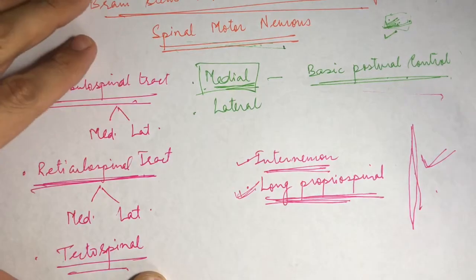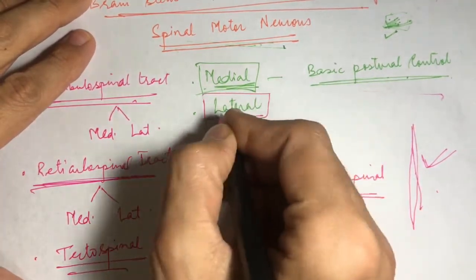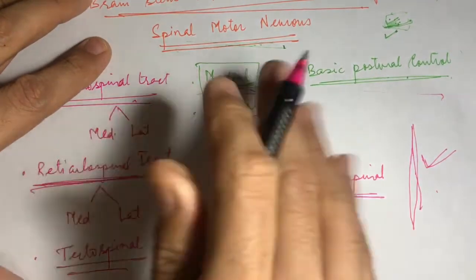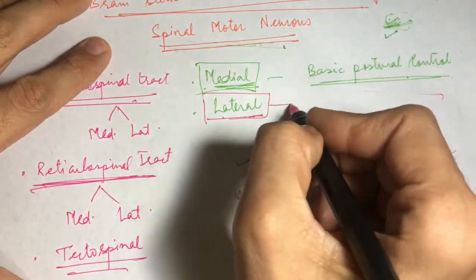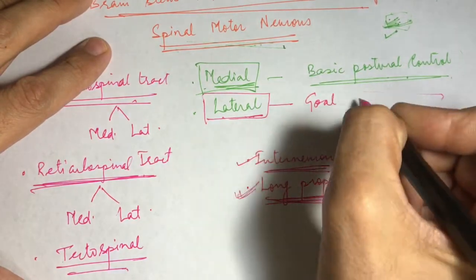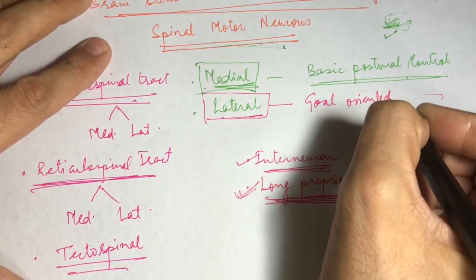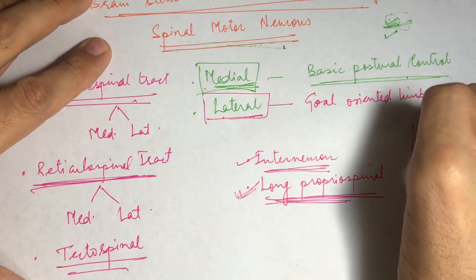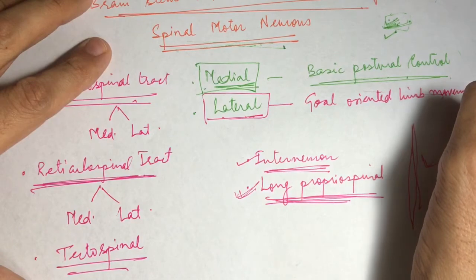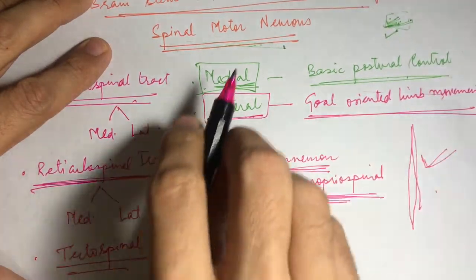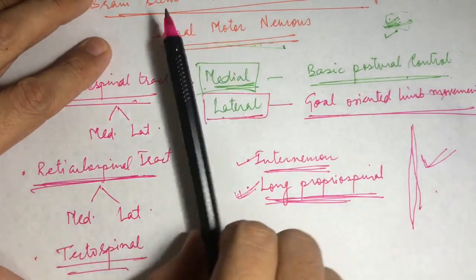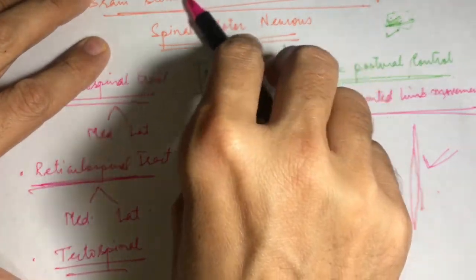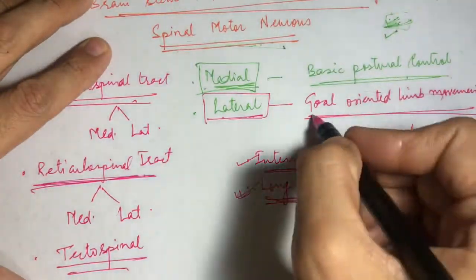Now coming to the second one, the lateral brainstem pathway. They are mainly concerned with goal oriented or goal directed limb movements. What we mean by goal oriented is, like, I have to pick up this pen, so to reach and manipulate, reaching and manipulating movement.